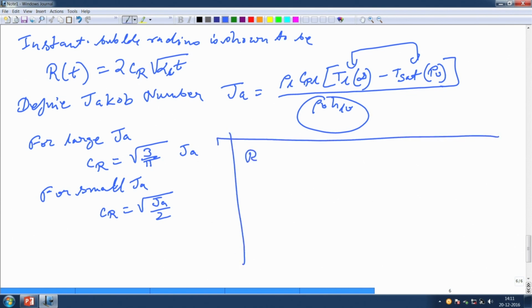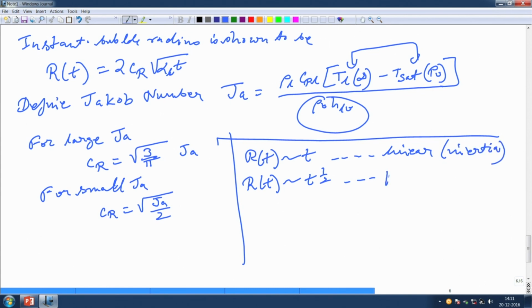In the first stage, R(t) is proportional to t, which is what we call a linear growth regime, right. In the second stage, R(t) is proportional to root over t, which is basically heat transfer controlled. In the first stage it is inertia.